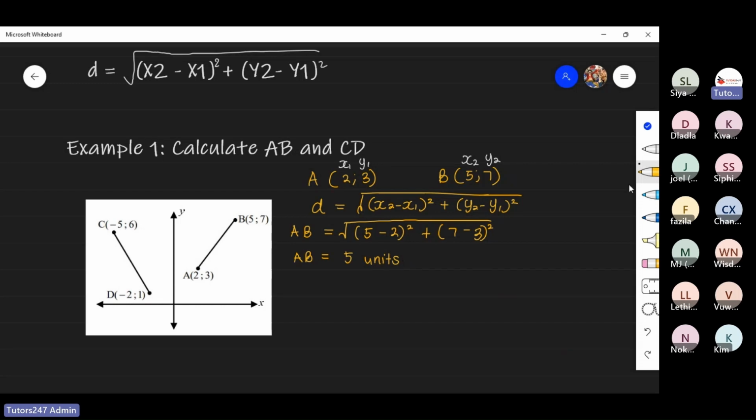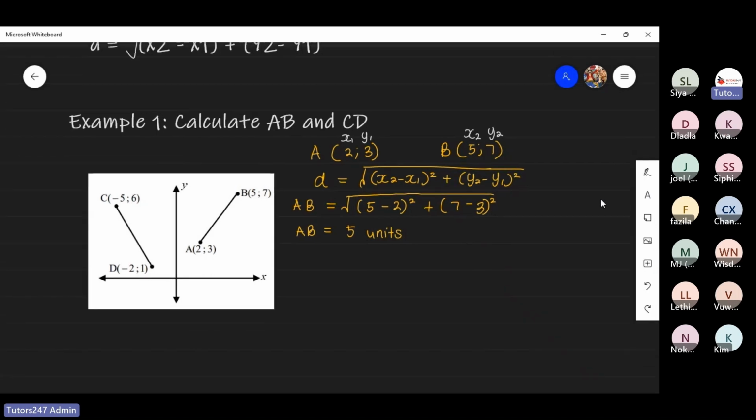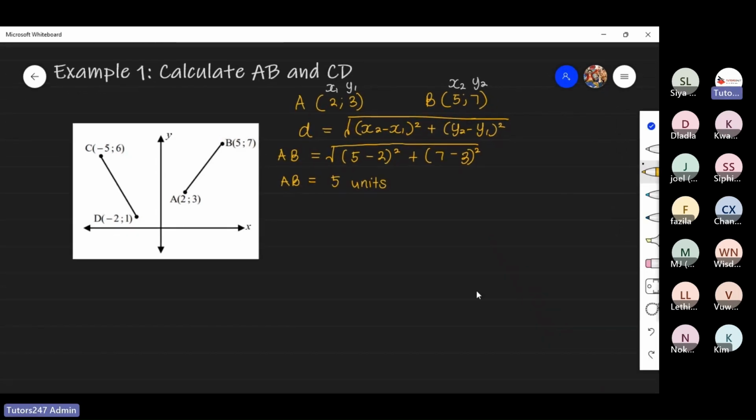Let's move on to finding the distance of CD. So we're going to use the exact same procedure. Let's write down the coordinates of C, which are -5 and 6, and D, which is -2 and 1.